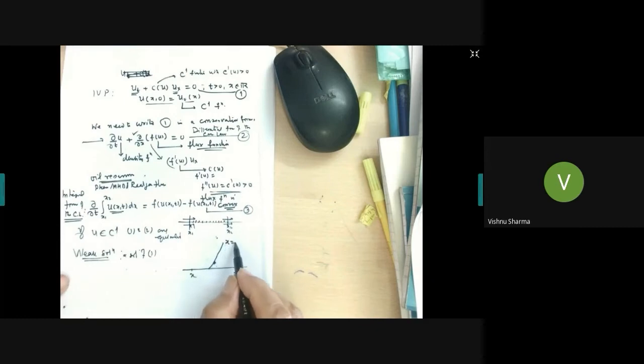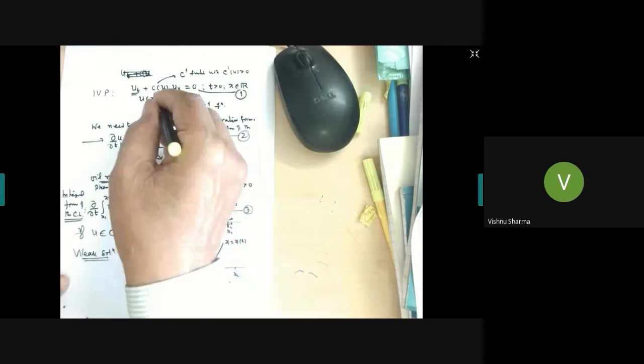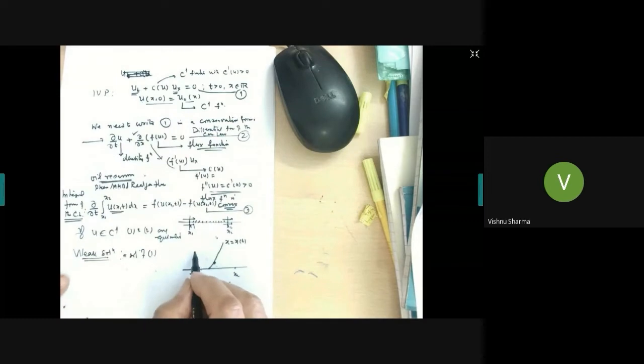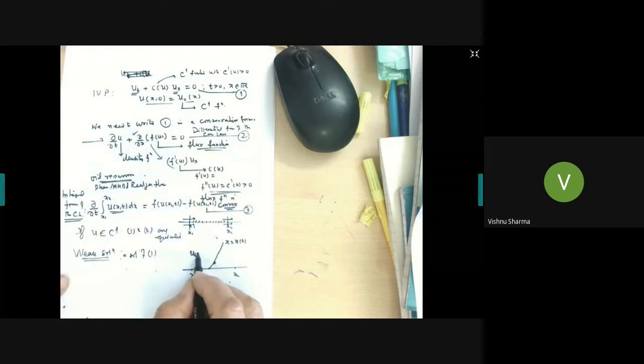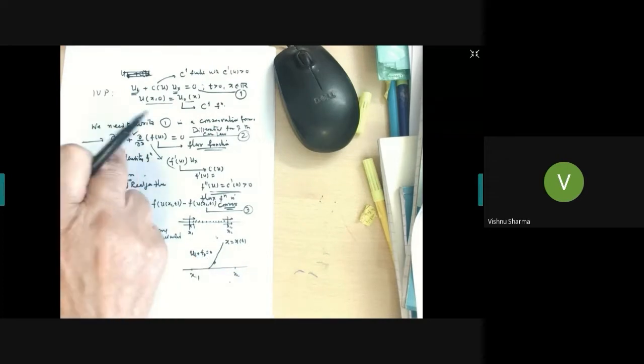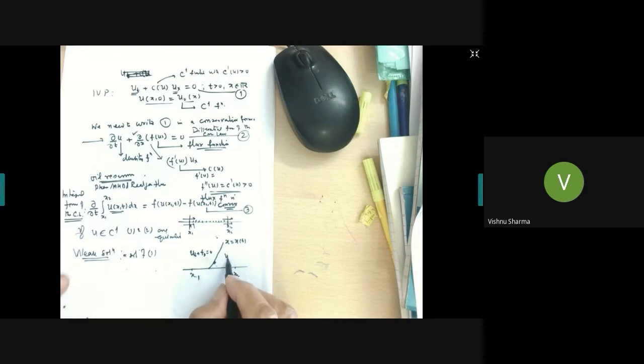Let us call this x as a function of t. This is your x1, this is your x2. In this region the equation ut plus f of u x equals 0, the differential form, is valid.